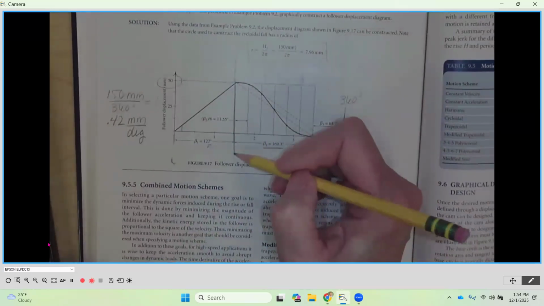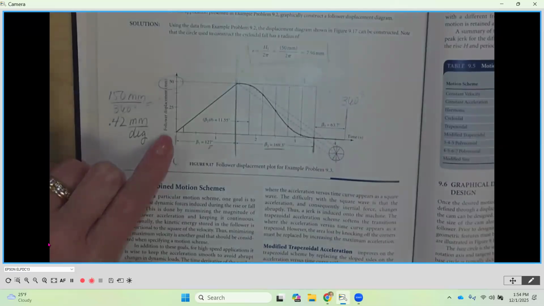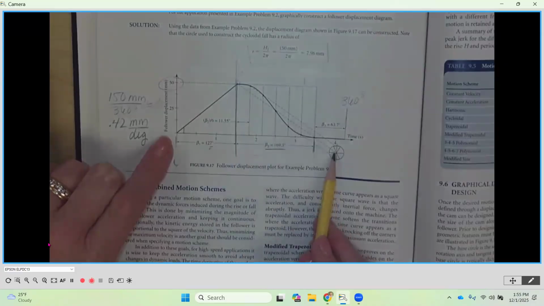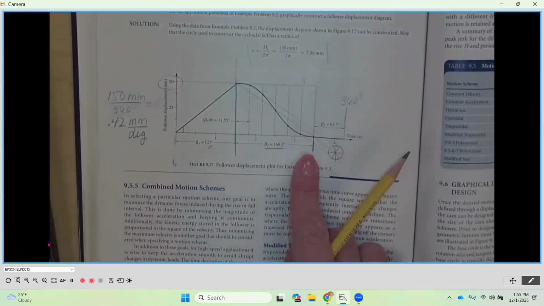Okay. All right, so once you get those marked off, the very first section here from our 0 up to 50 within beta 1 is a straight line because it's constant velocity, easy peasy, right? You're not going to have to construct this. I'm just showing you how this is. But the second part of this is cycloidal motion going down. And it's the full 2 inches, but this time we're going over 2 seconds.